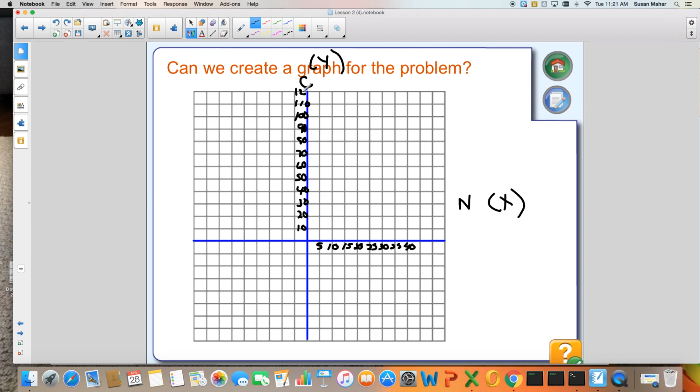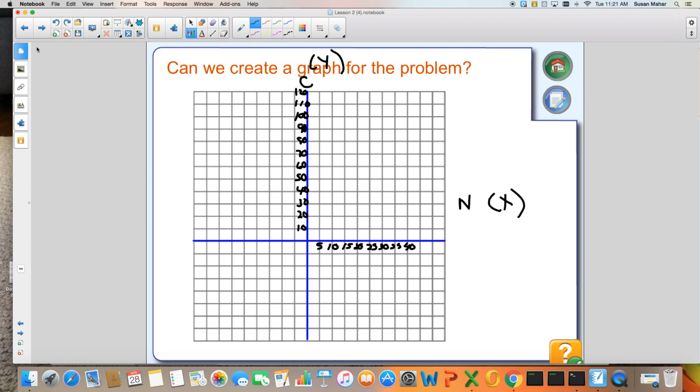And that might give me enough space. If I was putting negative numbers on, it would go -5, -10, -15, -20. But I know that when I'm booking a party, the cost of the party is never going to be a negative number. And there's never going to be a negative number of people coming to my party. So I really only need to include the numbers that are positive for this particular graph.